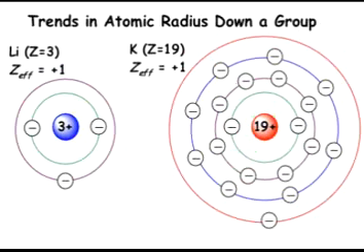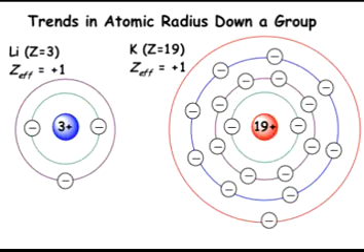First, consider the trend in atomic radius as we go down a group in the periodic table. If we consider lithium and potassium, both group 1A elements, or alkali metals, we see that the effective nuclear charge remains constant. What's different, though, is the number of n levels and the number of shielding electrons.